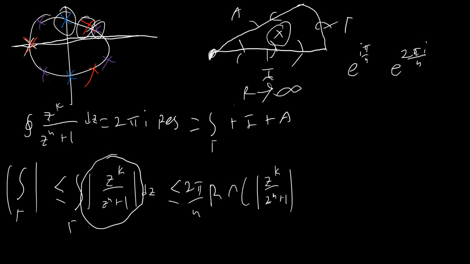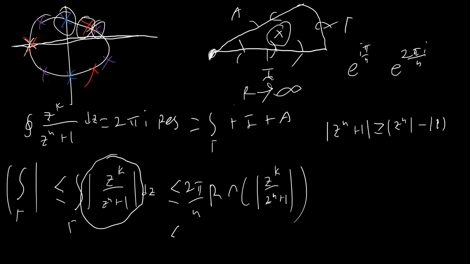Okay, and one way that we can simplify this is if we use our triangle inequality. We know that the absolute value of z to the n plus 1 is greater than or equal to the absolute value of z to the n minus the absolute value of 1.